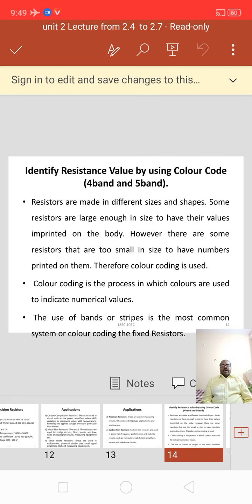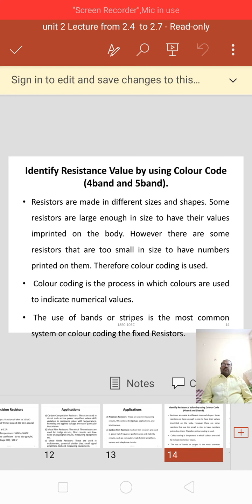However, there are some resistors that are too small in size to have numbers printed on them. Therefore, color coding is used.